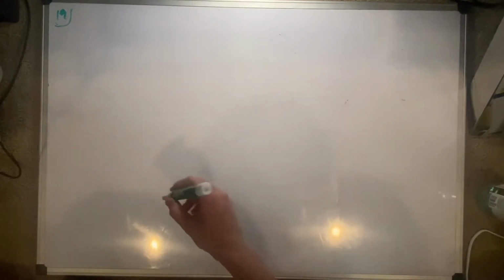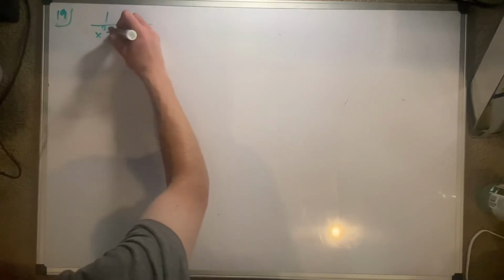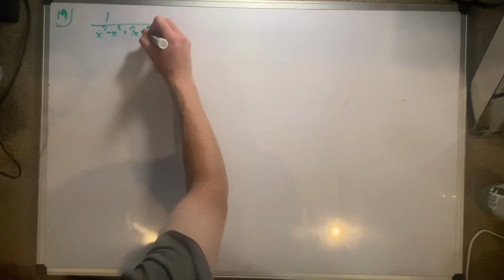So our first one we're going to do is 19. So 19 has 1 over x cubed minus x squared plus 3x minus 3.